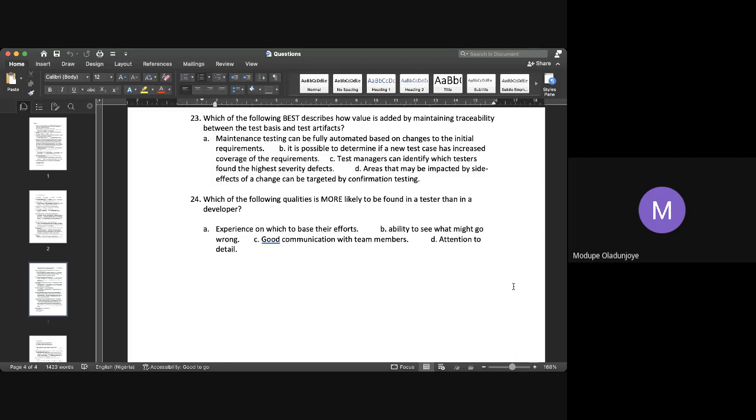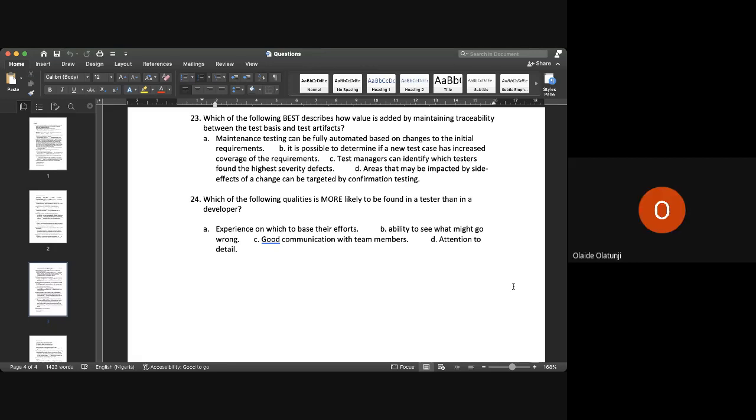It's D the answer. What is test traceability? What's traceability again? It helps to check if total test coverage has been done, linking the BRD and FRD together.